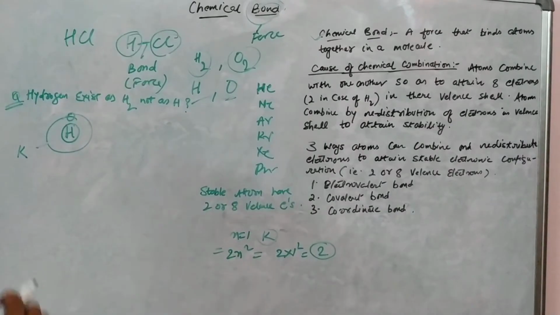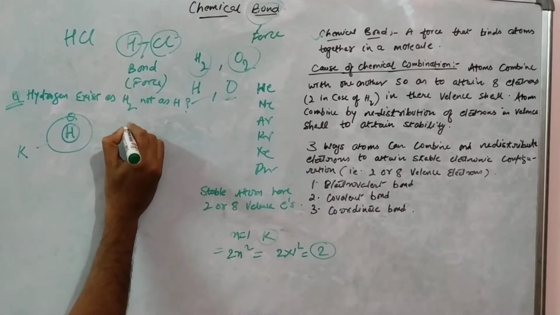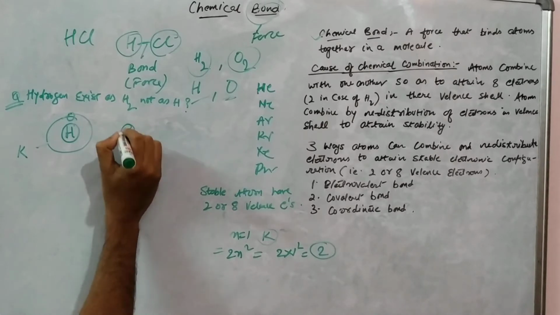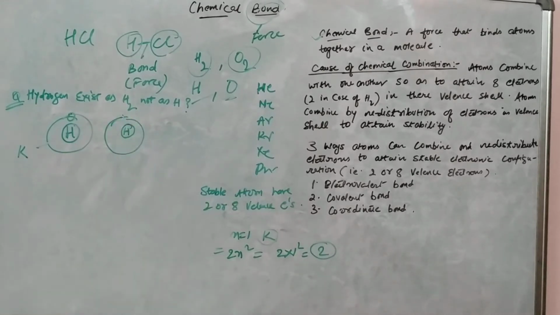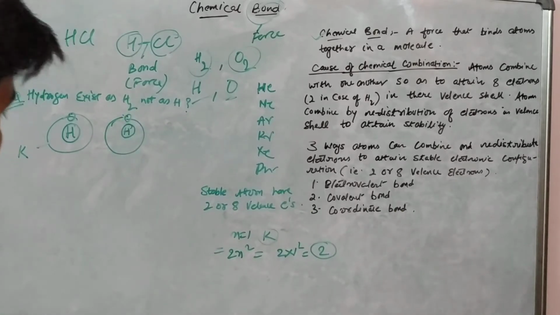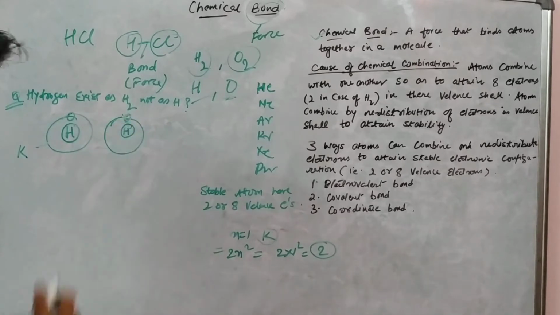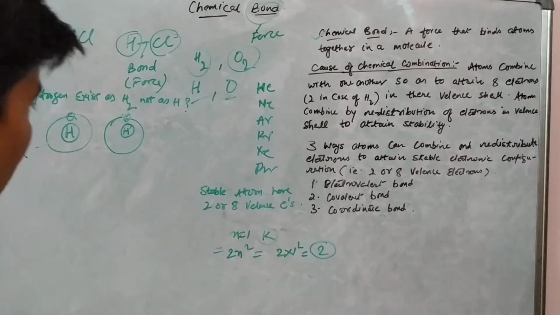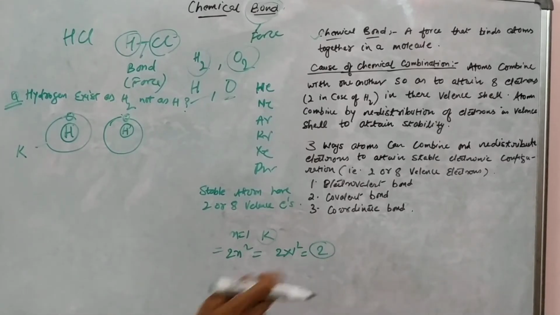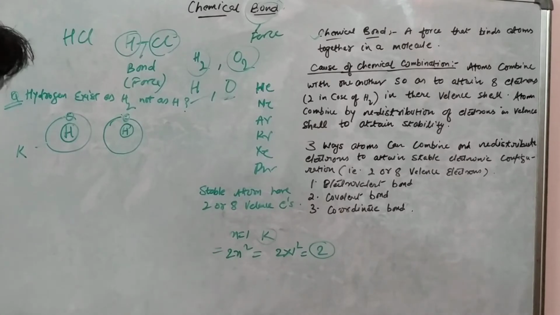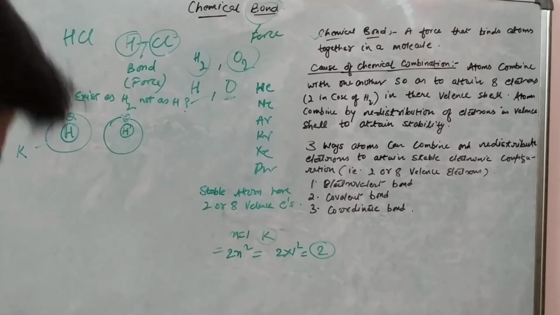So what hydrogen will do is combine with another hydrogen atom. Another hydrogen atom will also have 1 electron in its outermost shell, so it will also try to acquire 2 electrons in its outermost shell.